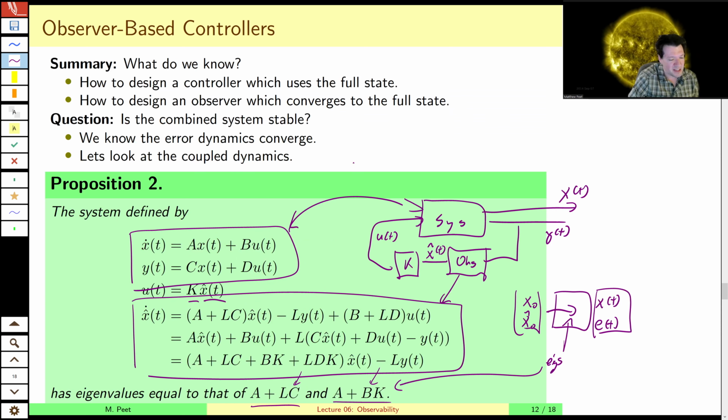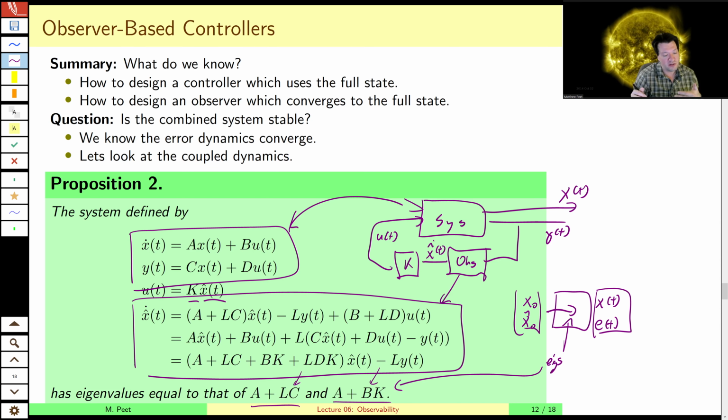It may seem obvious: if x hat is converging to x, and if I used x as x hat, it was stable. So through some hand-wavy argument you could argue that this is going to be true, but that's not a proof. There are ways that things could go wrong.